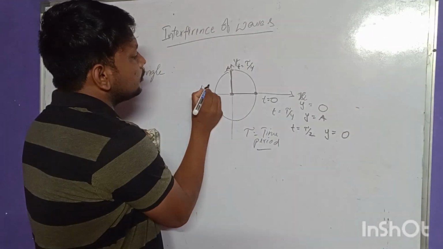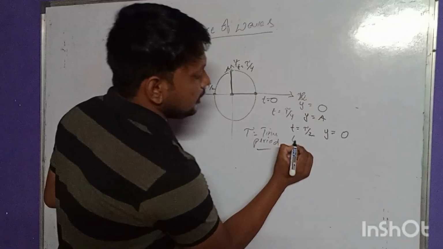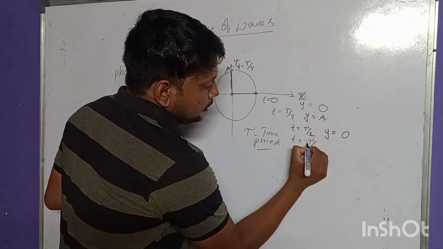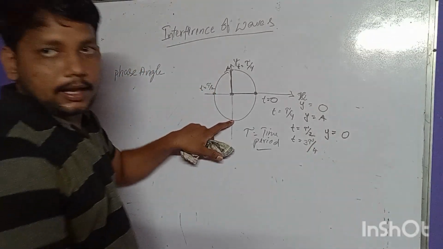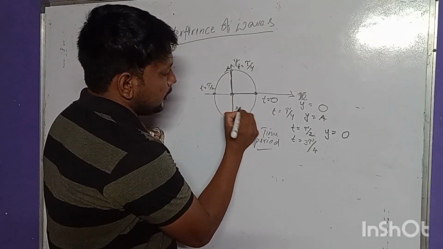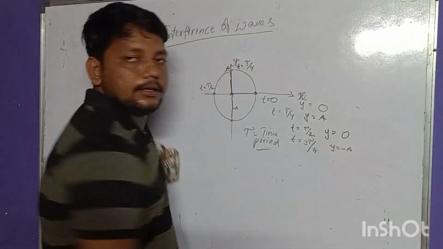At t is equal to 3τ/4, అంటే ఇక్కడ again this projection is -a, right?